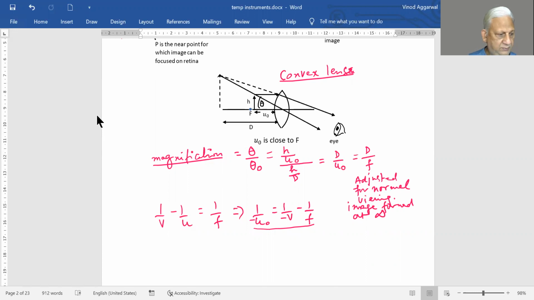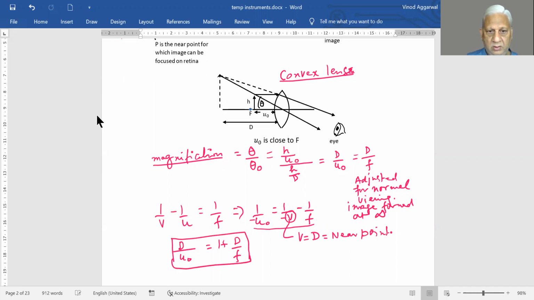Then what we have is d by u0 is equal to this, because we have taken V as the near point D. So this expression means this is adjusted for near point.